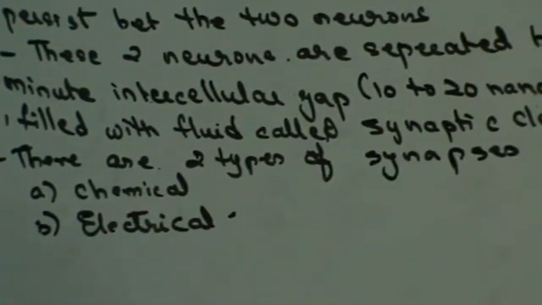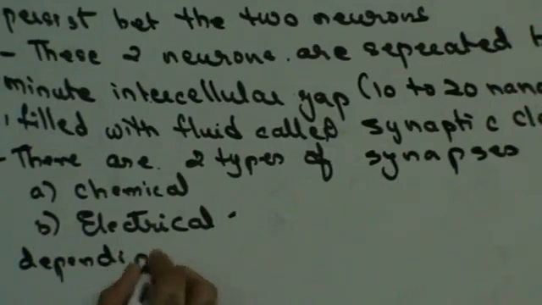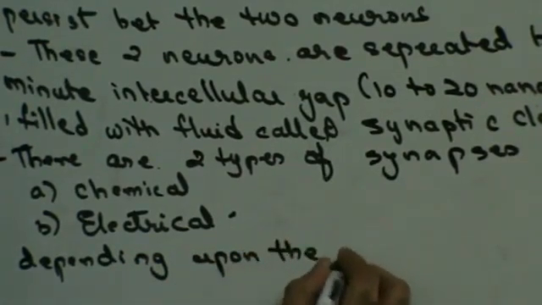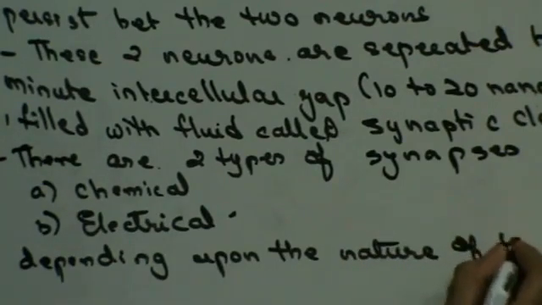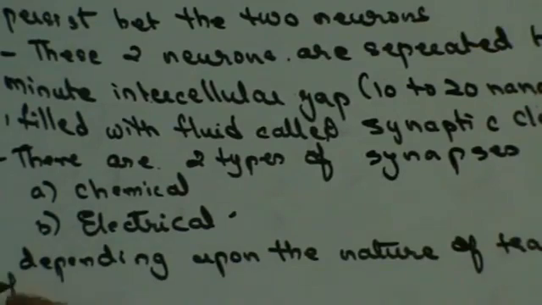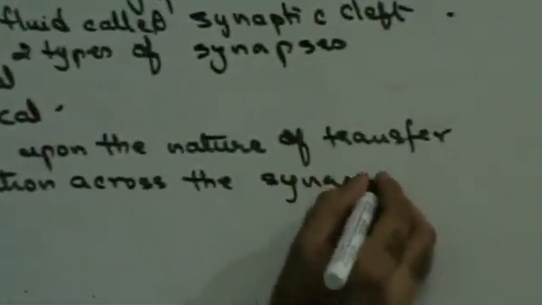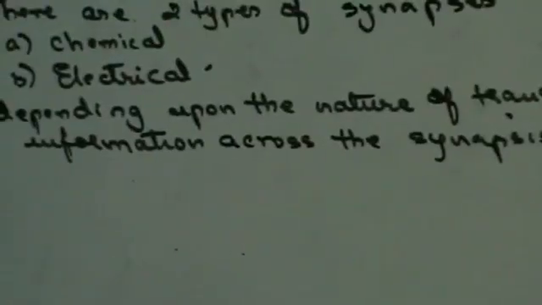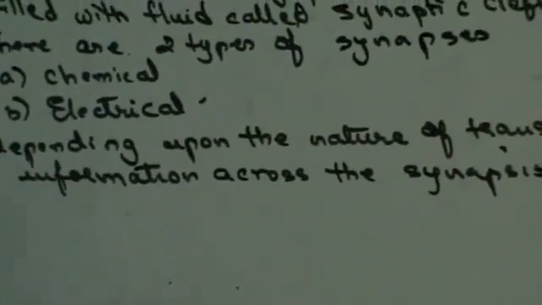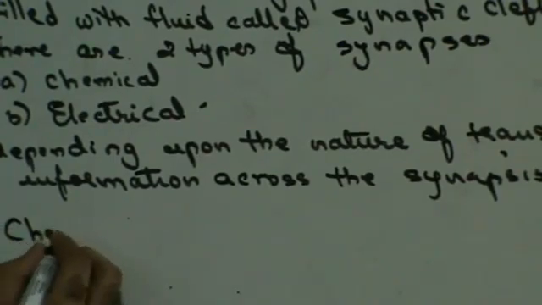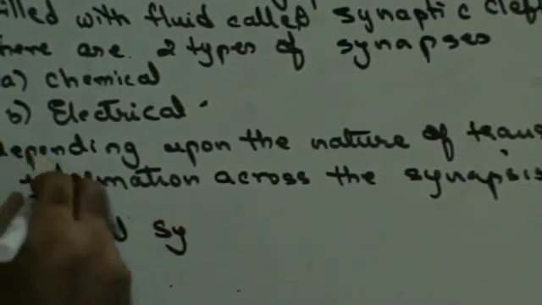These are the two types of synapses, depending upon the nature of transfer of information across the synapses. Fine. Now, let's see chemical synapses.